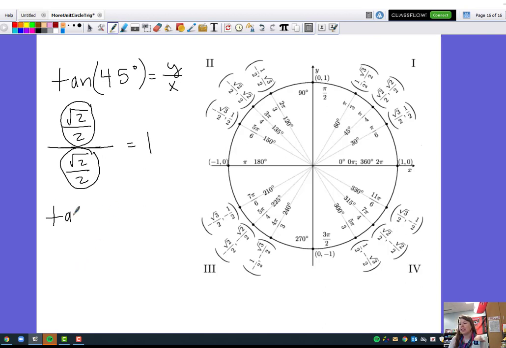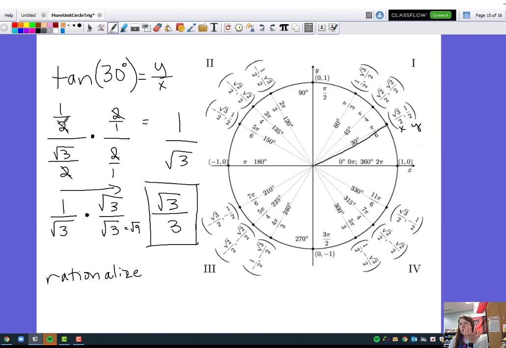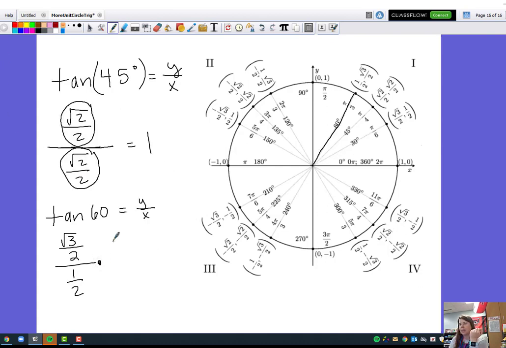And then we can look at tangent of 60. Still y over x, because we're still talking about tangent. But now I'm looking at the square root of 3 over 2 divided by 1/2. And so this is really similar to what we just saw here. And so we know that those 2's are going to divide out. But just to show you one more time, I can multiply the top by 2, and I can multiply the bottom by 2, and that's going to make those 2's divide out, because 1/2 times 2 is really just 1.